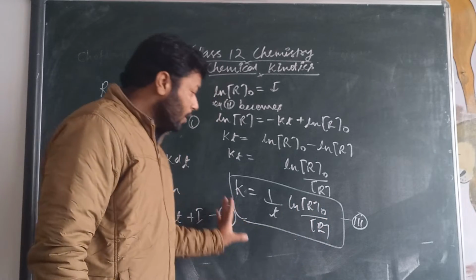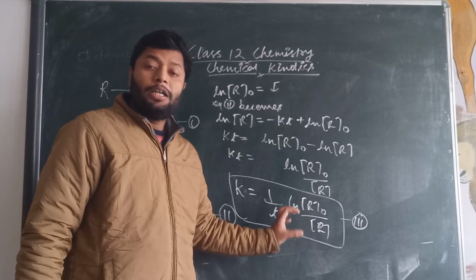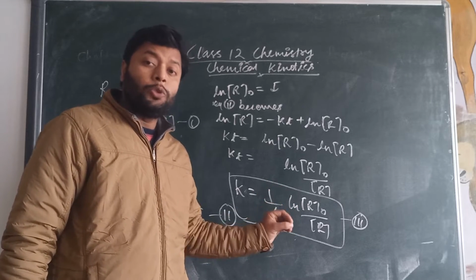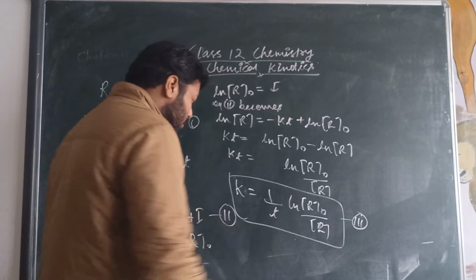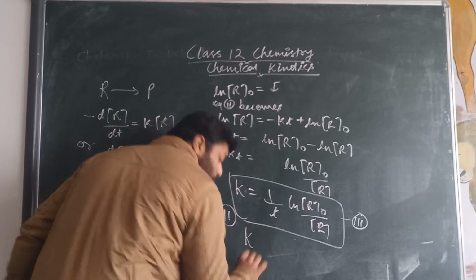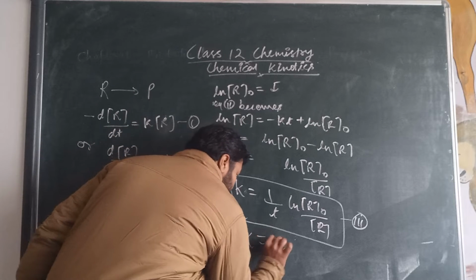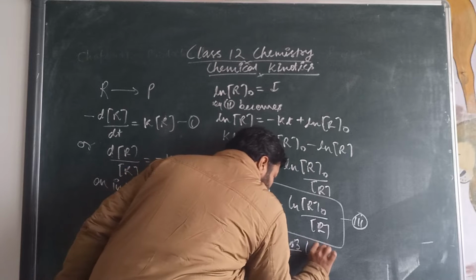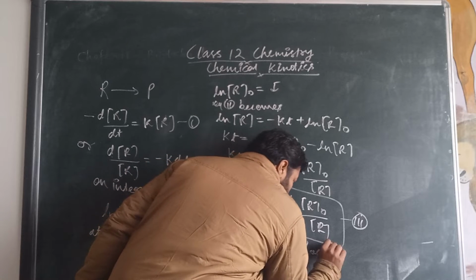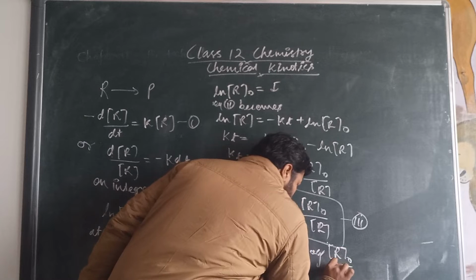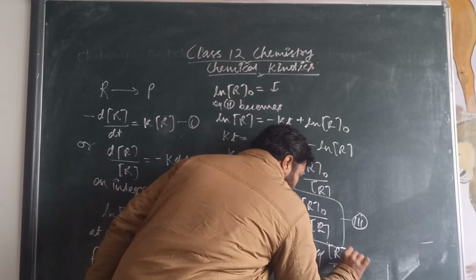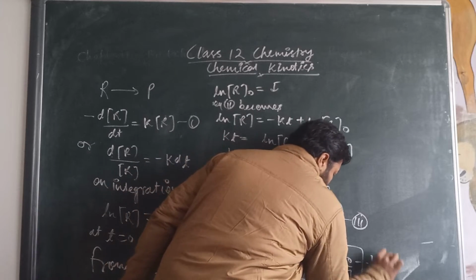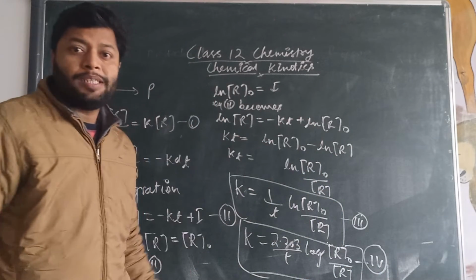Okay, now you can convert this to log base 10, and for that you just multiply by 2.303. So it will become k equal to, equation number 4.